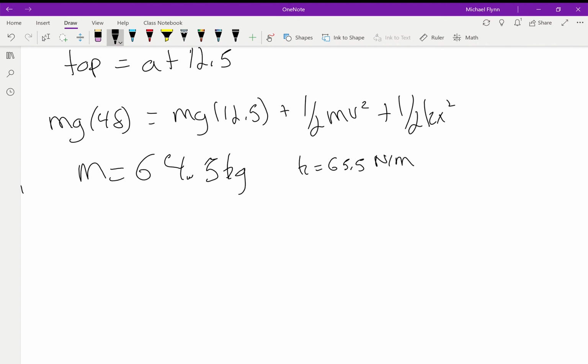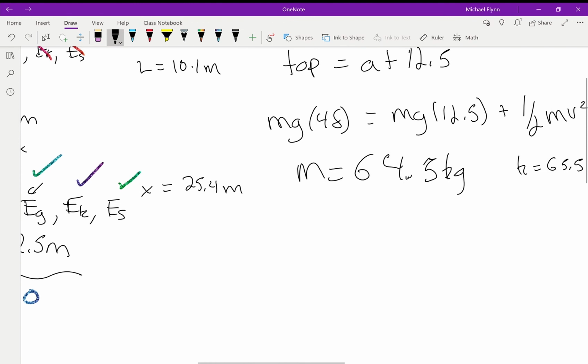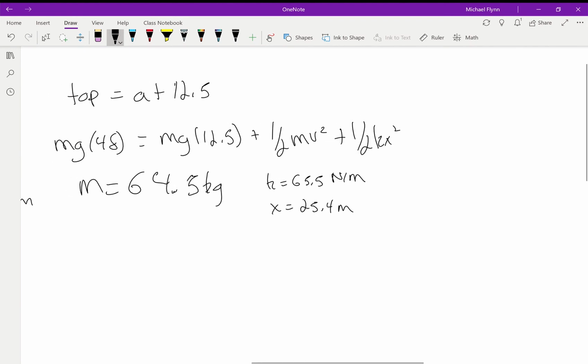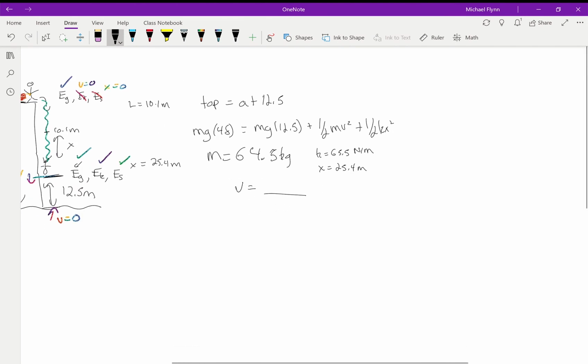And we've got the stretch. The stretch we said was 25.4. And then, yeah, that's it. So you've got everything, just solve it for speed. Done. Okay, so that's your energy approach.